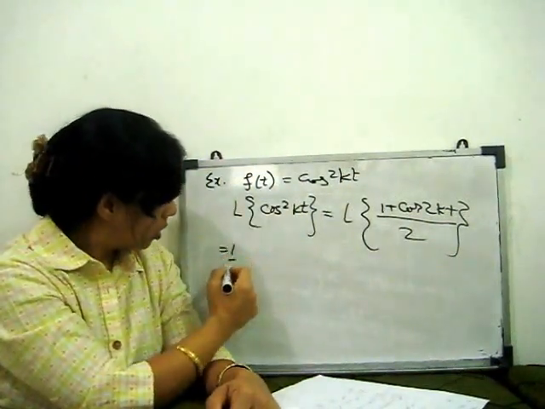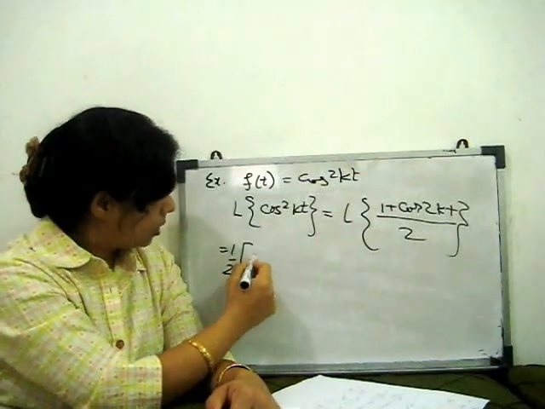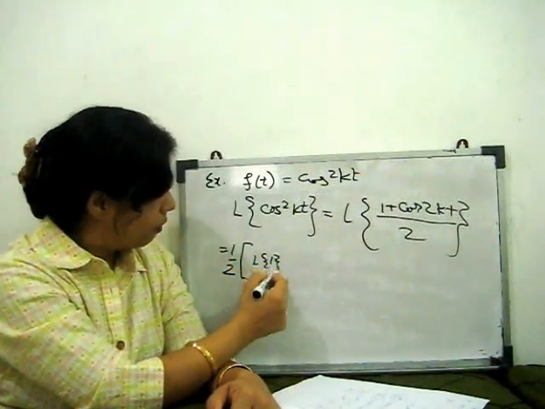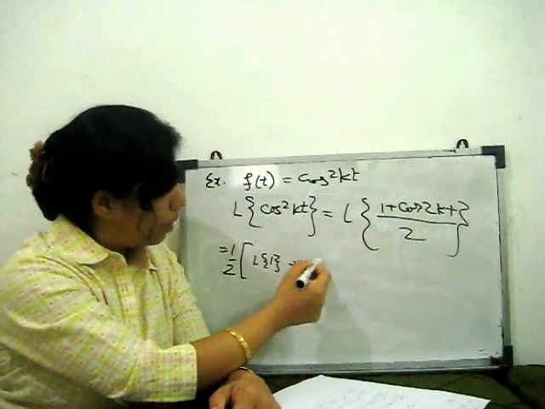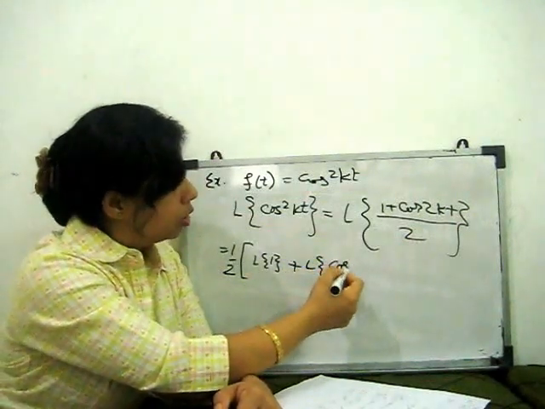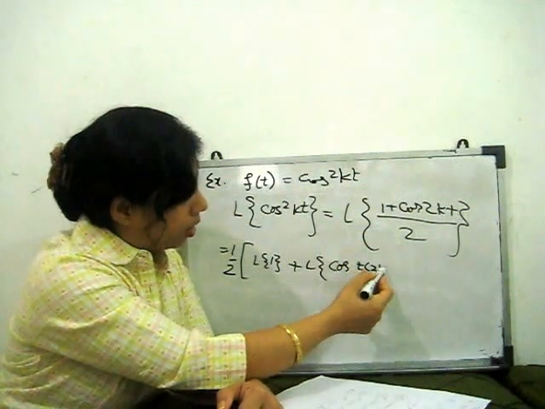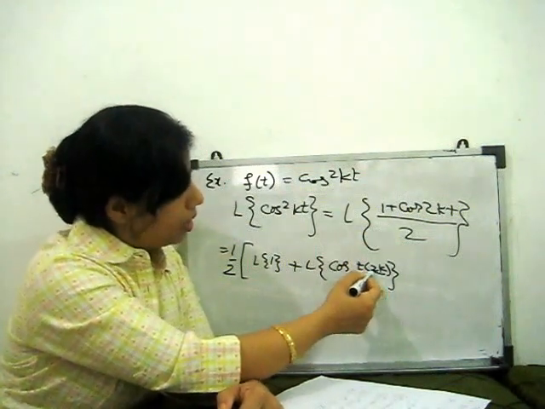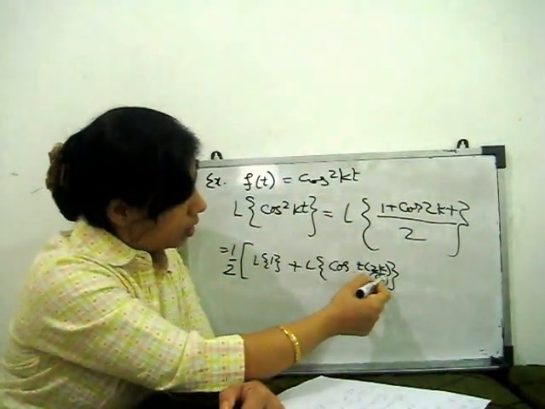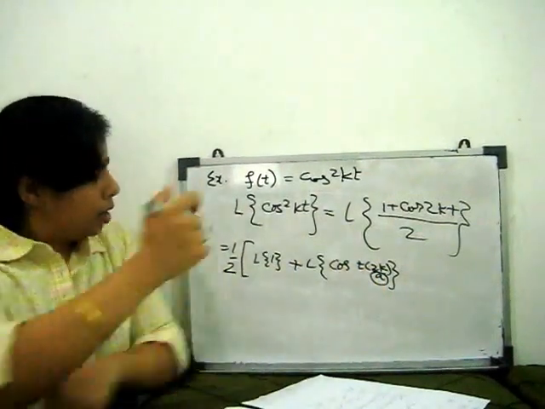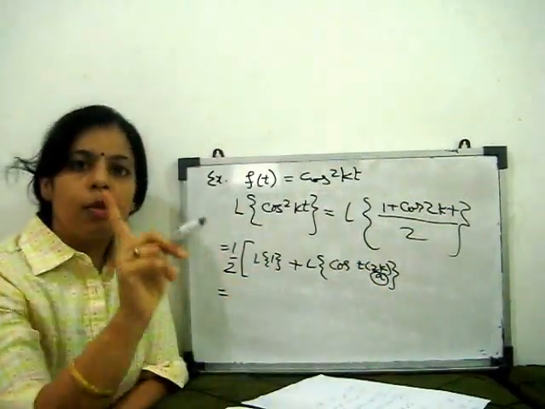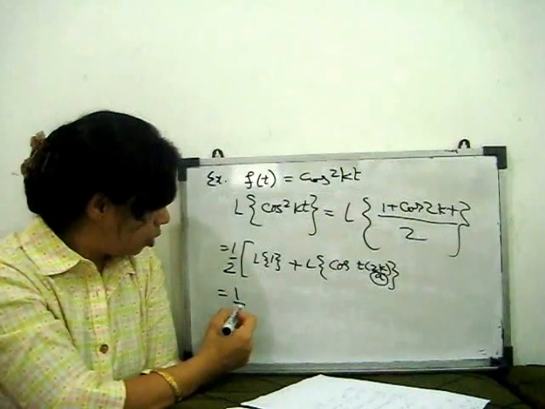1 by 2 is a constant, taking it outside. First term is the Laplace transform of 1 plus the Laplace transform of cos 2kt. Here a in cos at is 2k. Clear? The Laplace transform of 1 is 1 by s, you should remember.